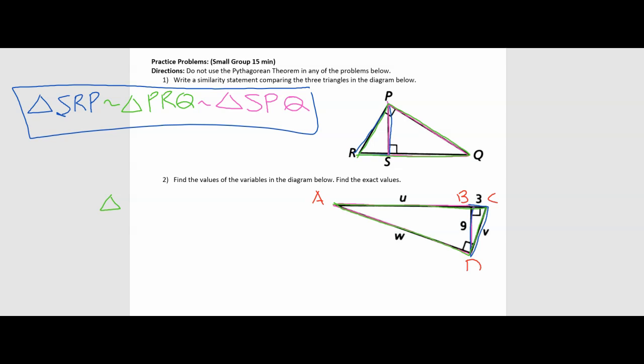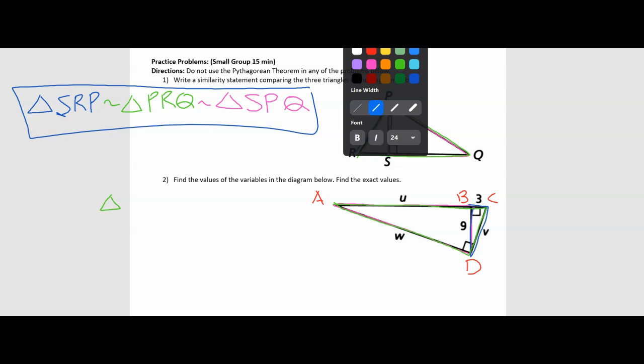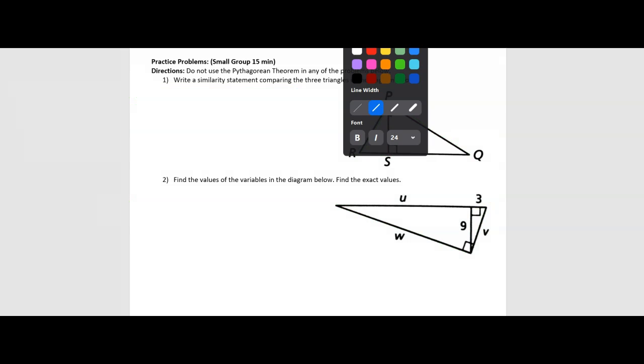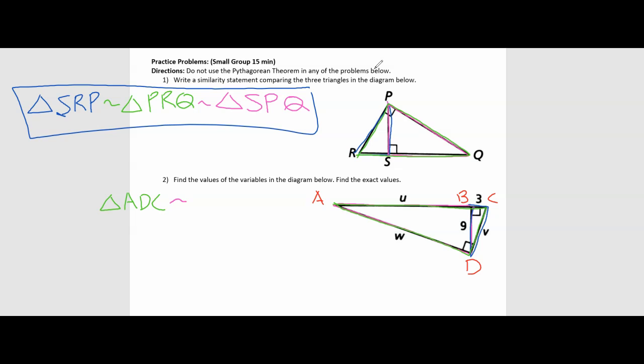So A, B, C, D. Green will go A, D, C. The right angle for green is D. The right angle for pink is B. So those both need to go in the middle. Pink and green share angle A, so those both need to go first. And then D is the one we are missing for pink, so D will go third.